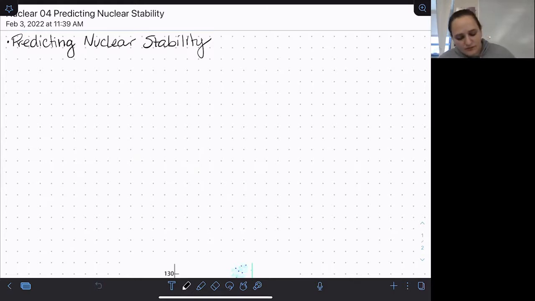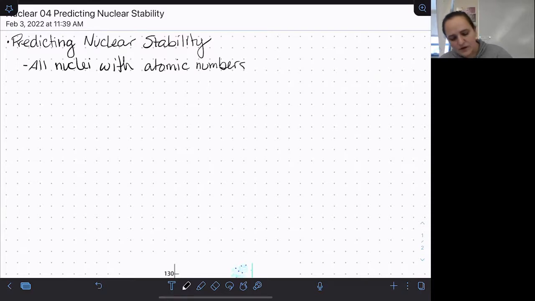So first thing to be aware of in predicting whether or not a nucleus is likely to be stable is that all nuclei with atomic numbers greater than 83 are unstable.